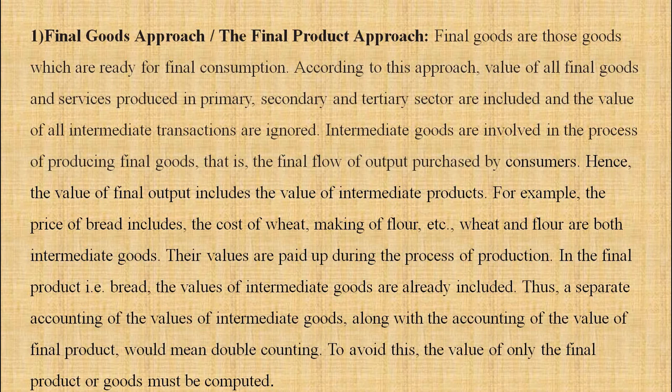So, a separate accounting of the value of intermediate goods along with the accounting of value of final product would mean double counting. So, to avoid this, the value of only final products or goods must be computed.